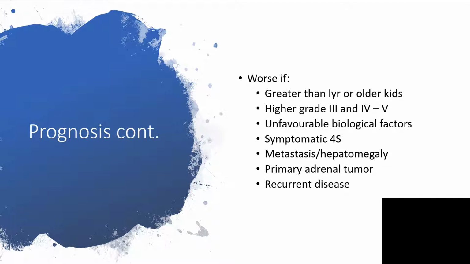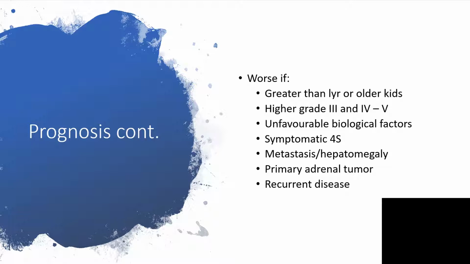Still on prognosis, it's bad if the affected child is presenting greater than 1 year or is even a child that is older. That's bad. If the tumor staging is revealing stages 3, 4, or 5, that is bad.